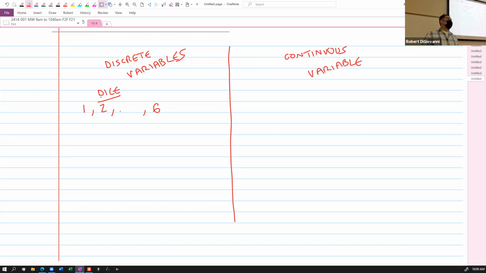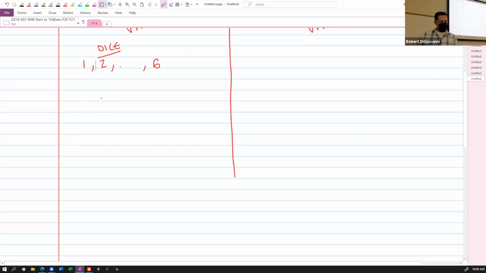So we can create a graph. It's called a probability distribution function. Here's what it looks like. On the x-axis, you put the possible outcomes. Let's say this is 0. The outcomes are 1, 2, 3, 4, 5, and 6, right? Those are your outcomes.